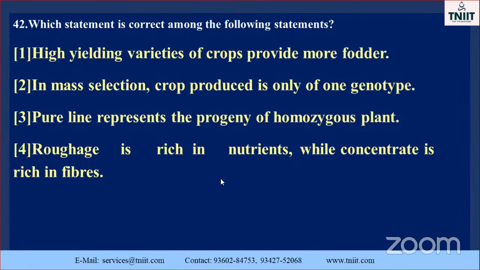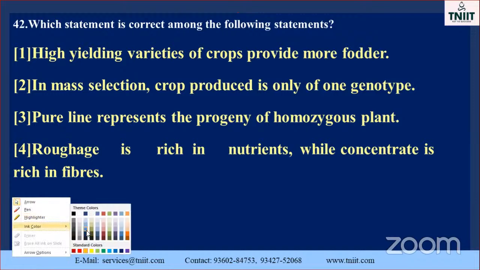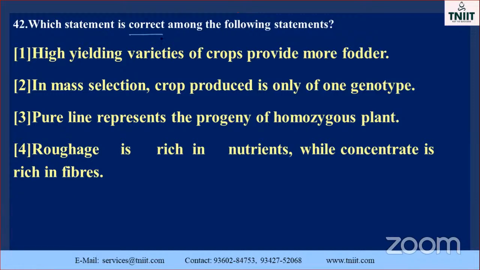See that. Which statement is correct? Among the following statements, see this one. High yielding variety of crops provide more fodder. No, high yielding variety crops provide less fodder.